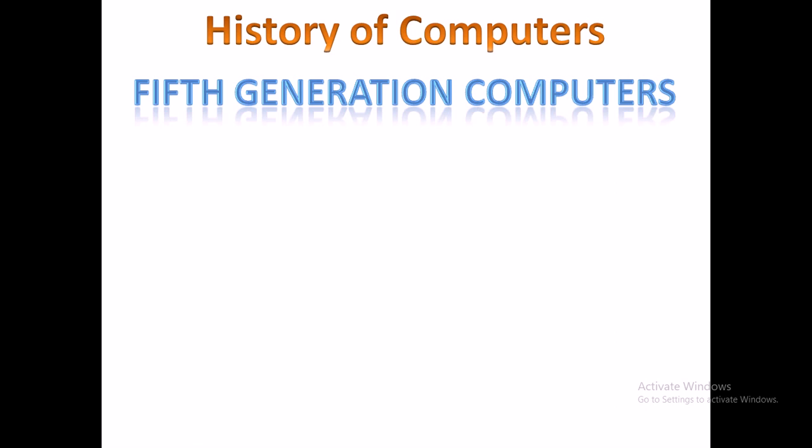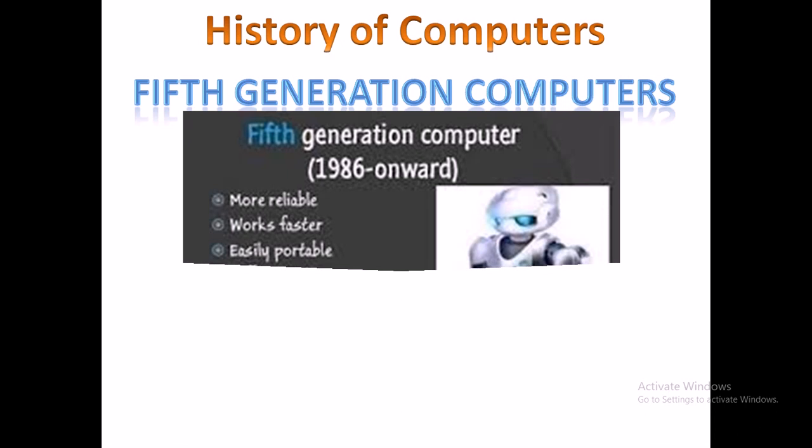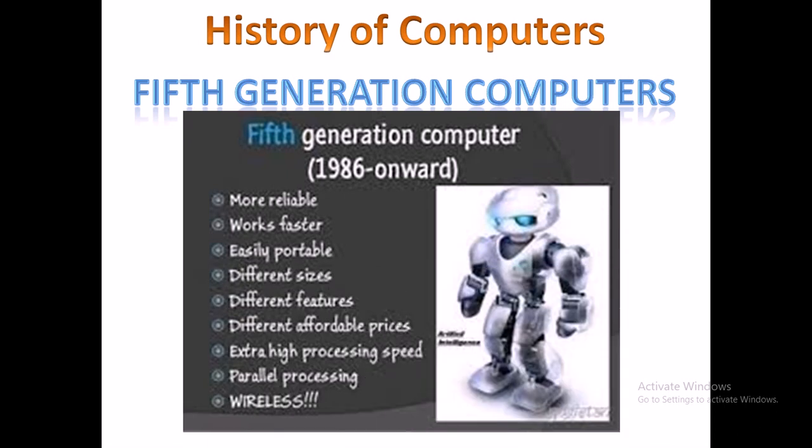They are still in the making. Efforts are on to make a computer that is based on knowledge based procedure and artificial intelligence, which can help a computer to read, write, speak, and modify as a human does.